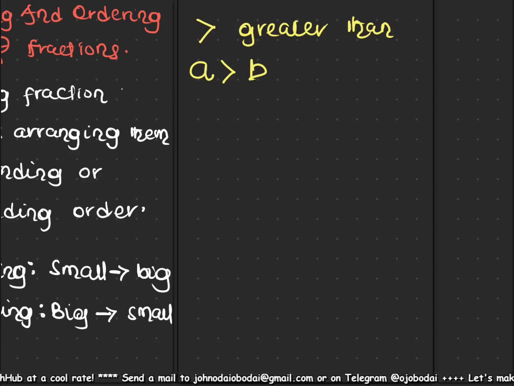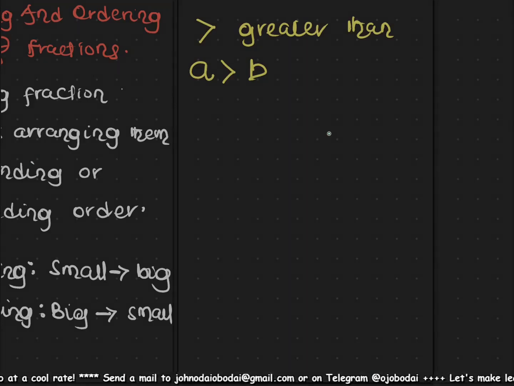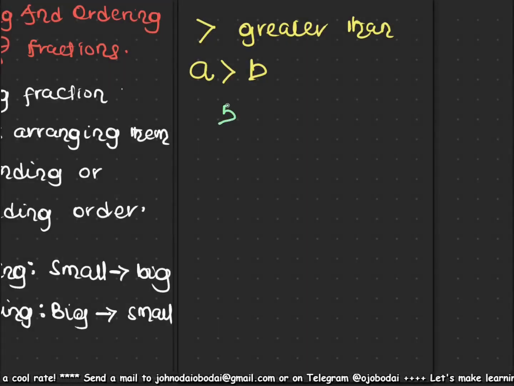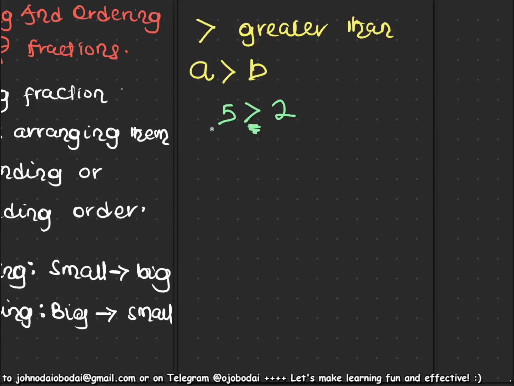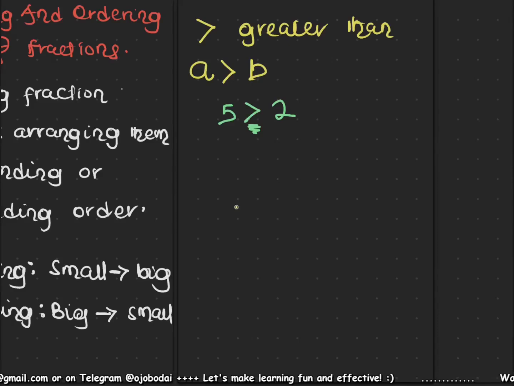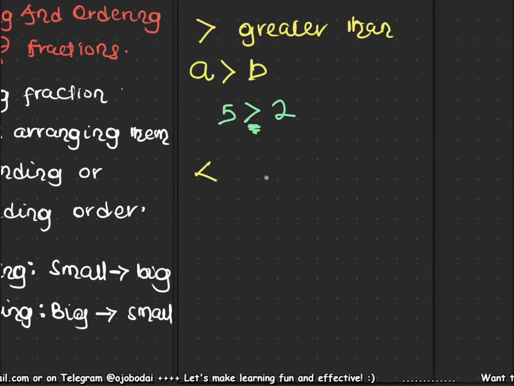So for instance, if I take 5 and say it is greater than 2, as you all know, if you have 5 mangoes, you will definitely have more mangoes than someone who has 2 mangoes. We are using this greater than symbol to illustrate the greater portion. Now there is another symbol, which is called the less than symbol.